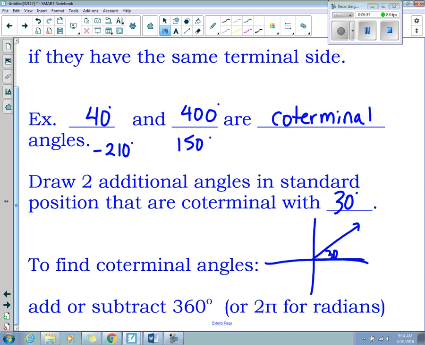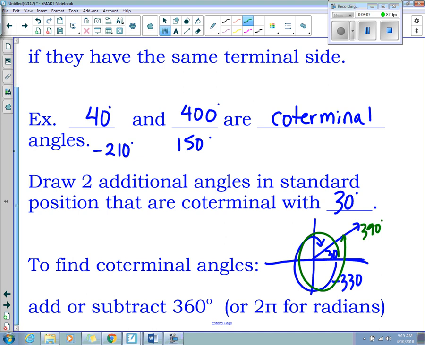So how could we get another angle that would end in that same spot? Well, either we could go in the negative direction, which would be negative 330, or you could go another lap around the circle, which is the same as adding 360 to our angle. So that would give us 390.